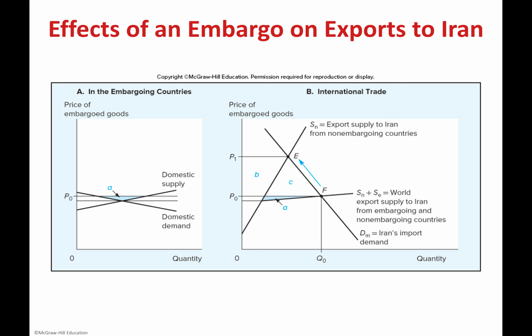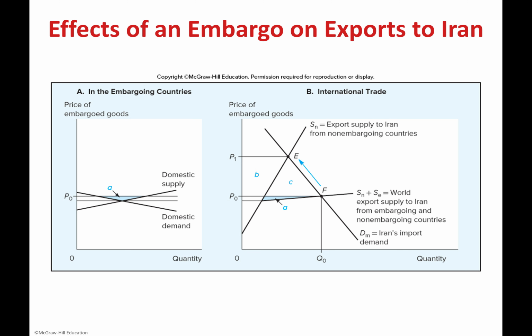Now, SN plus SE consists of two different components. It's the supply from non-embargoed countries plus the supply from embargoing countries. So in other words, it's the supply that comes without any trade embargo.